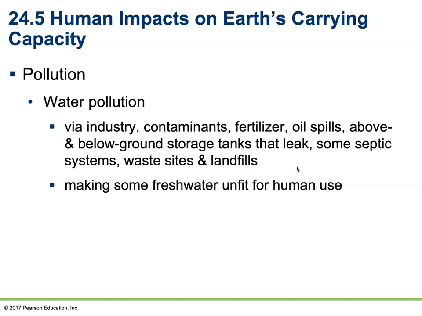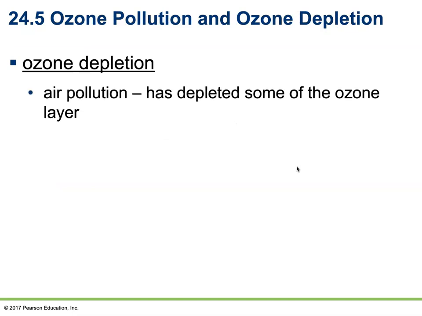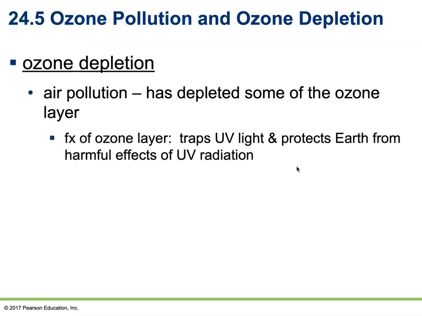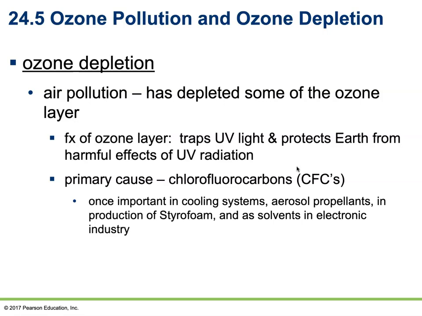So we're also seeing things like ozone depletion. Ozone depletion is caused by air pollution. It's depleting some of that ozone layer. And the ozone layer is incredibly important. Ozone is going to be what traps UV light and protects the Earth from the harmful effects of UV radiation. The primary cause of this ozone depletion is going to be the presence of chlorofluorocarbons, CFCs.